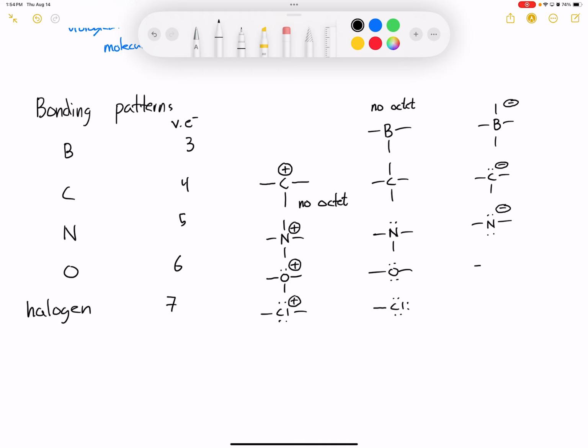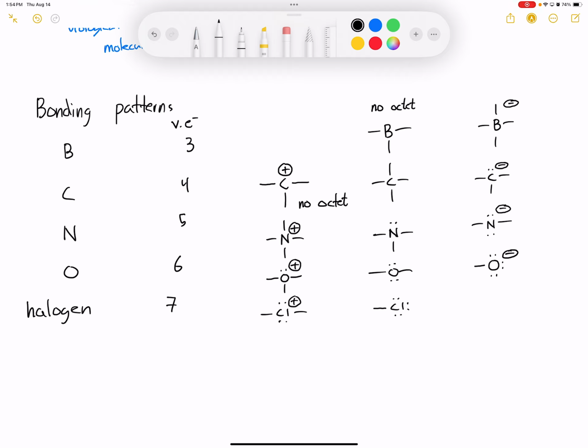All right, oxygen. What does hydroxide look like? We have O. Instead of hydroxide, this is called oxide. So we're going to have a negative charge. So instead of an additional bond here, it's going to be a lone pair. Negative charge like that. All right.